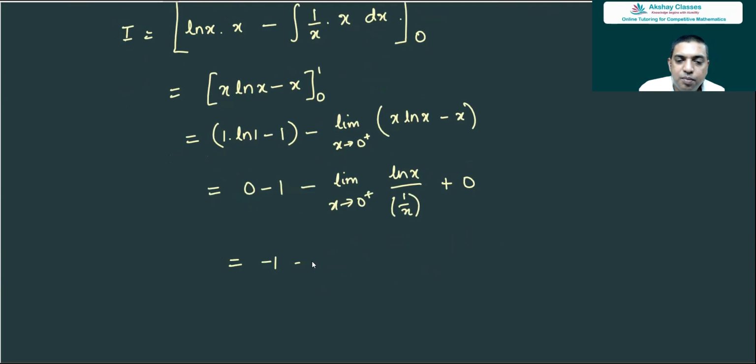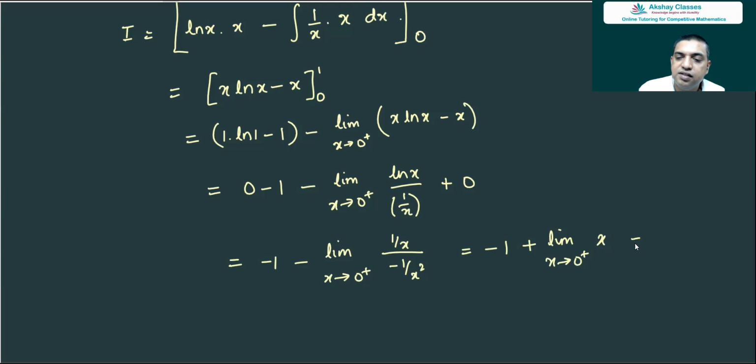So minus 1 minus limit x tends to 0 plus, derivative of log x is 1 upon x, and derivative of 1 upon x is minus 1 upon x square. So we get minus 1 plus limit x tends to 0 plus of x. So minus 1 plus 0, which is equal to minus 1.